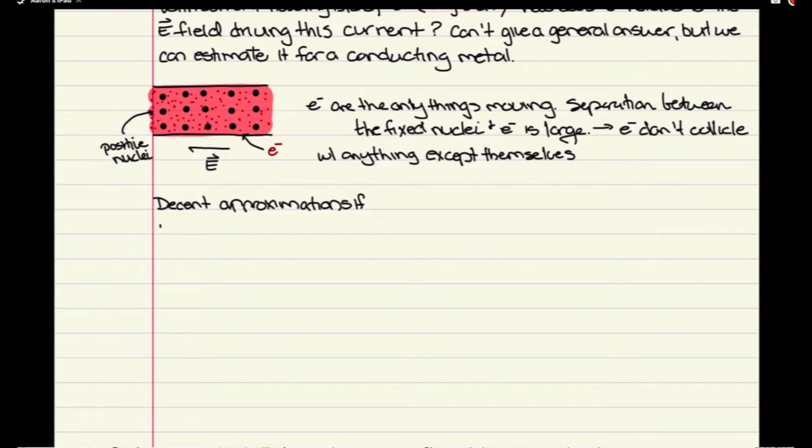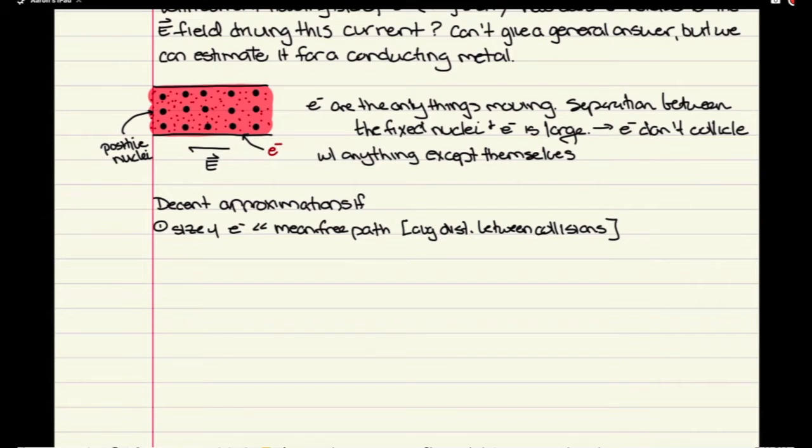typically because the size of the electron is much, much smaller than, say, the mean free path, which I think of as the average distance between collisions. So all that is saying is that there's a lot of empty space in between the electrons as they're flying around.